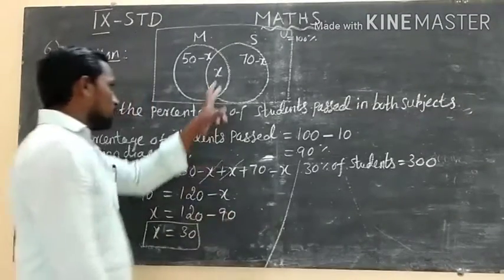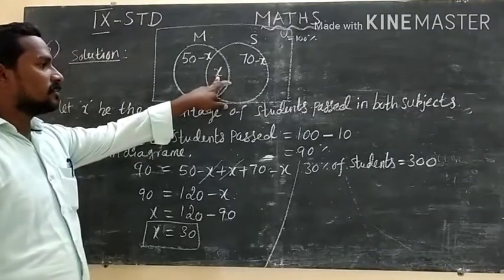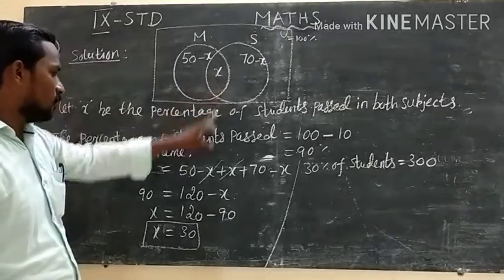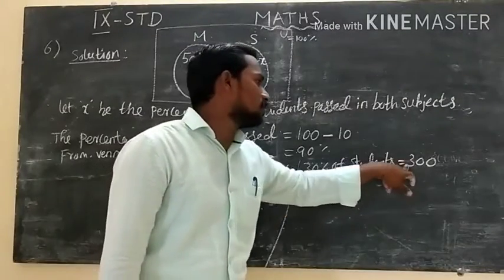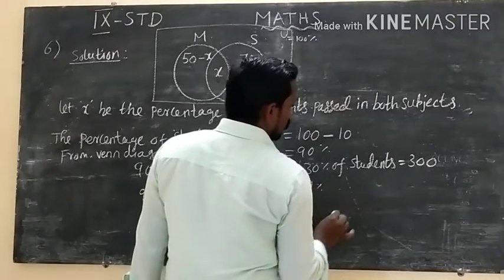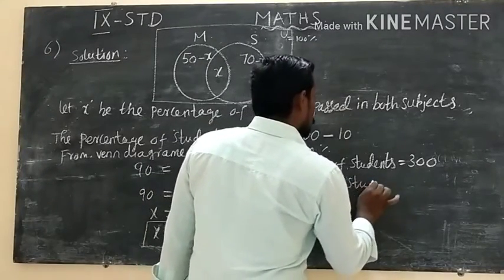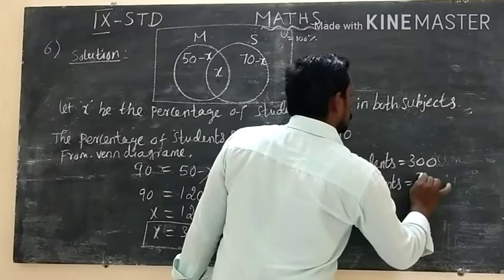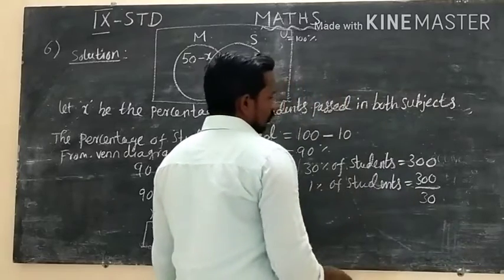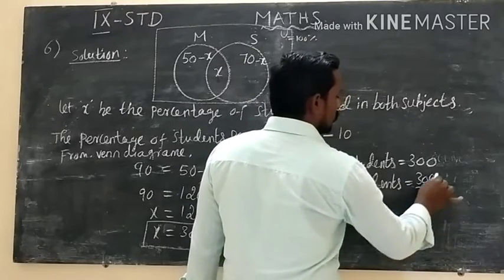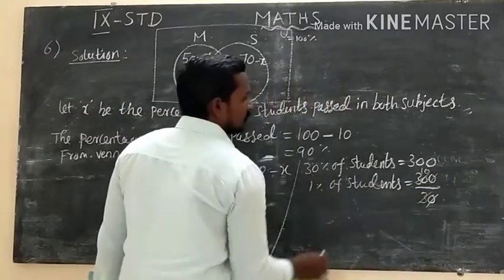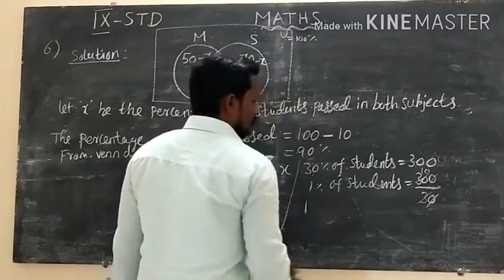The x is already found, and 300 students passed in both the subjects. So 30% of students equals 300, so 1% of students equals 300 divided by 30. Using cancellation, the zeros cancel; 3 tens are 30, so that is 10 students.